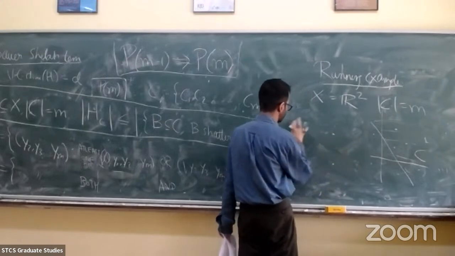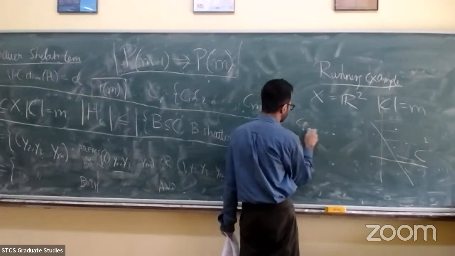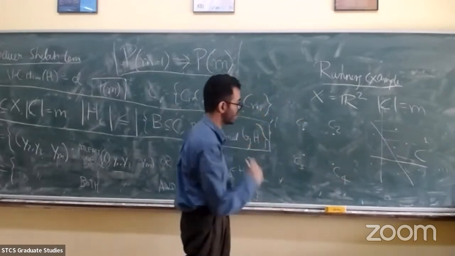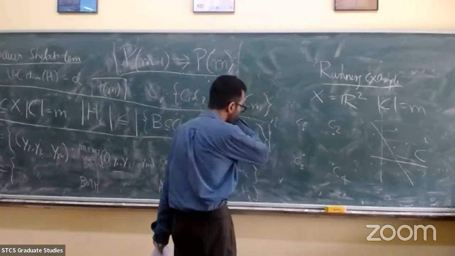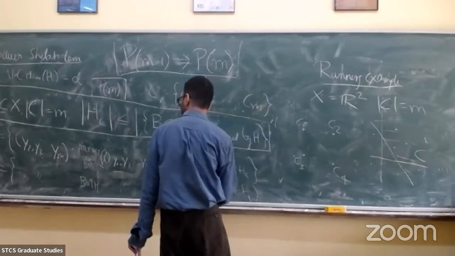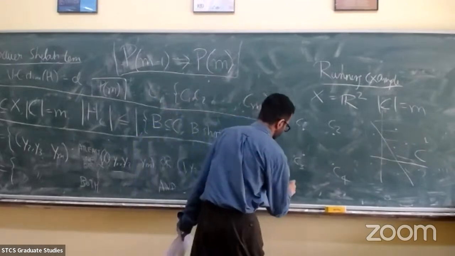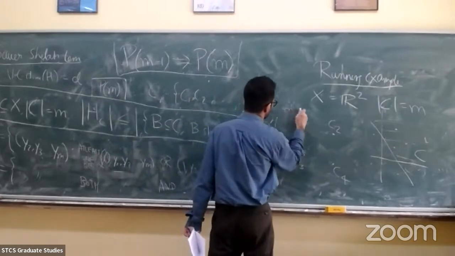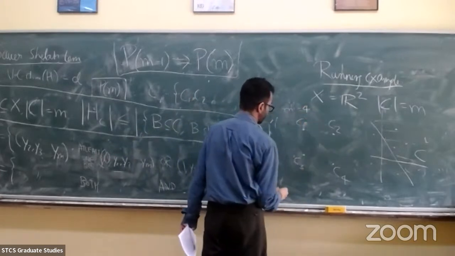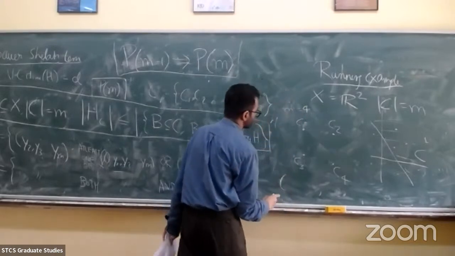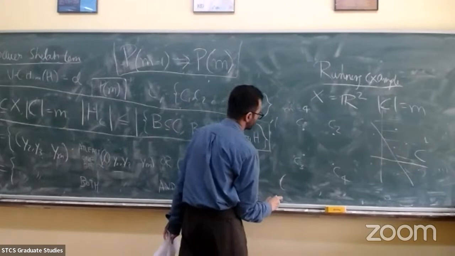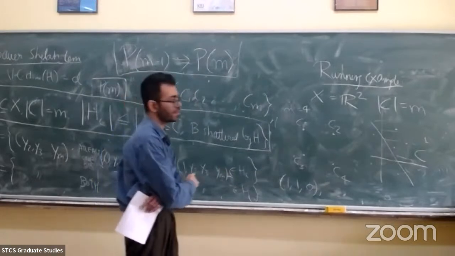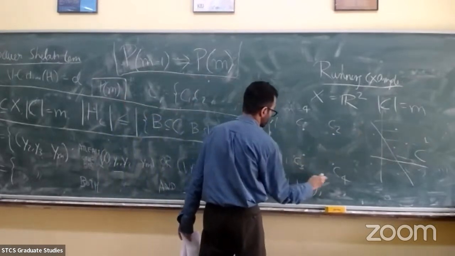Suppose this is my C: C1, C2, C3, C4. C is this side. Let's say the label vector Y2 through Ym here is, so m is 4, and my label vector was 1, 1, 0. So label 1, label 1, label 0.